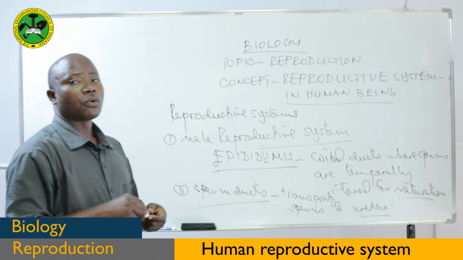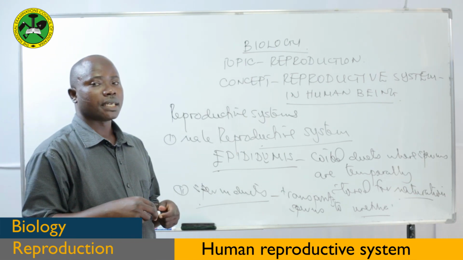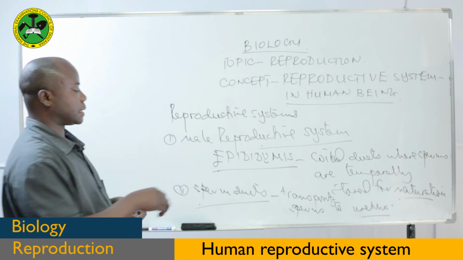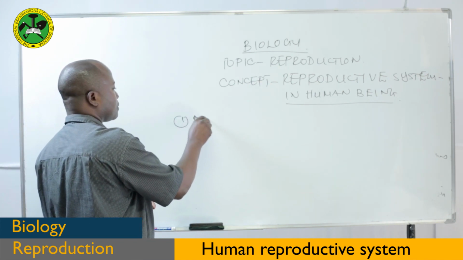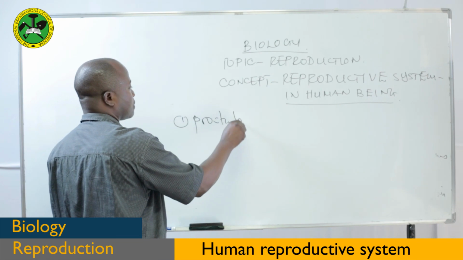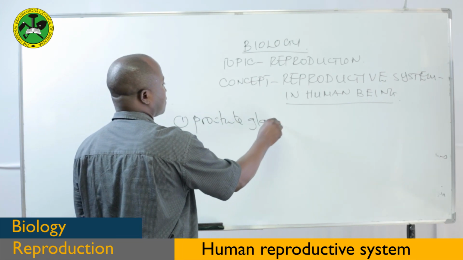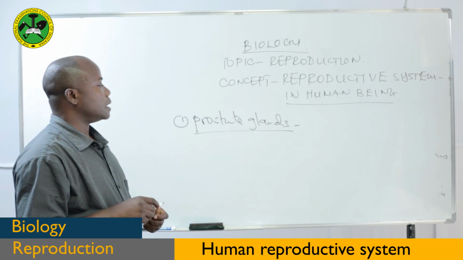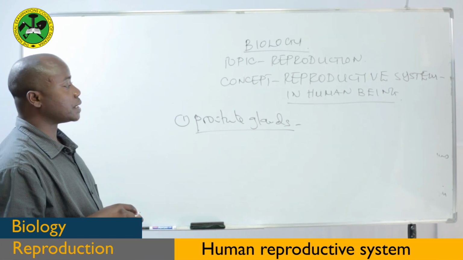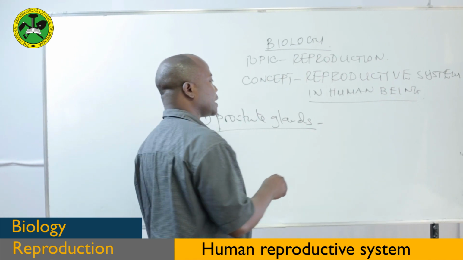But also within the male reproductive system, there are accessory glands. This includes prostate gland. The prostate gland produces the fluid that contains phospholipid and fatty acids.